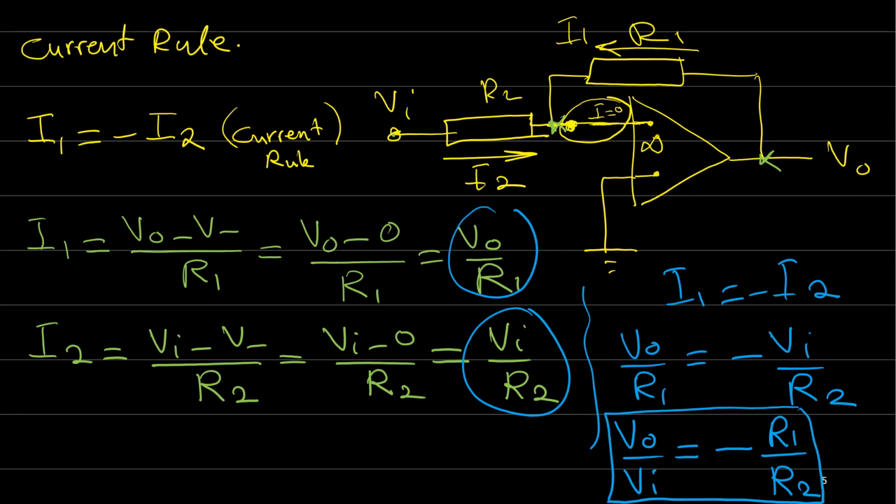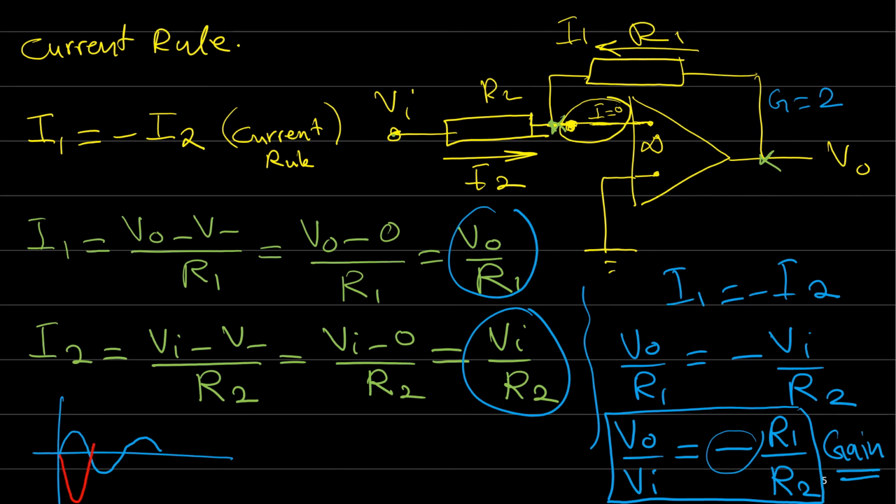And this is the gain for this inverting amplifier. Why did we say inverting? Because the gain is negative, so the output is inverted. For example, if this amplifier has a gain of 2, and the input signal is like this, the output signal will be like this.